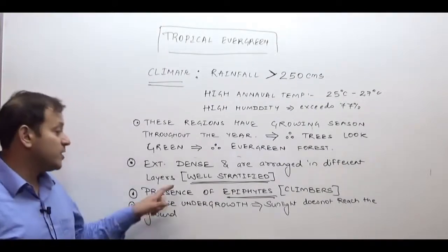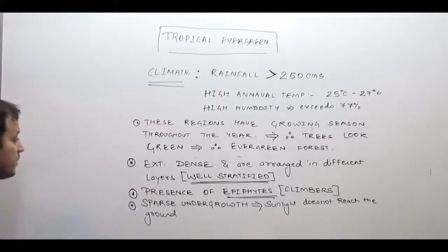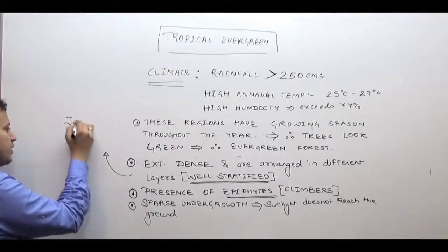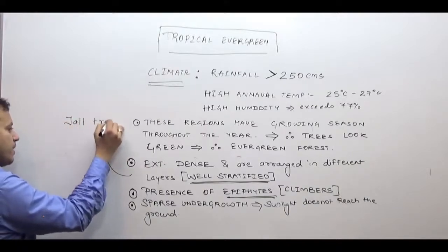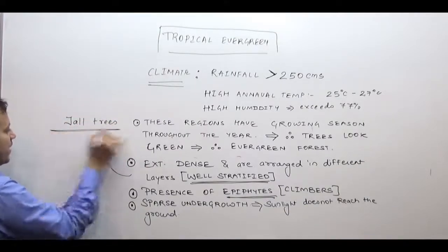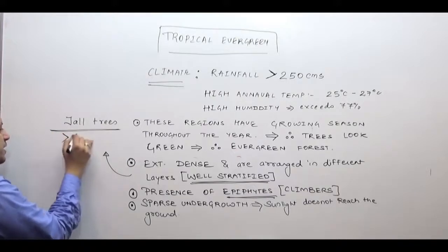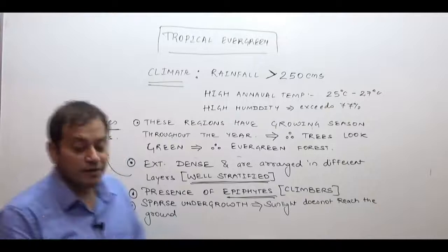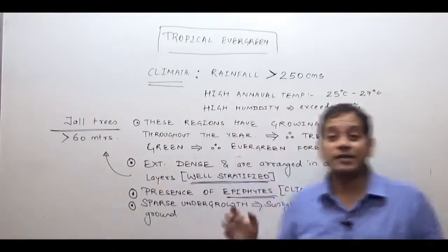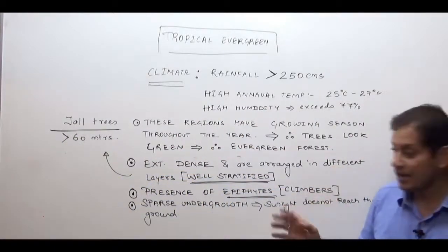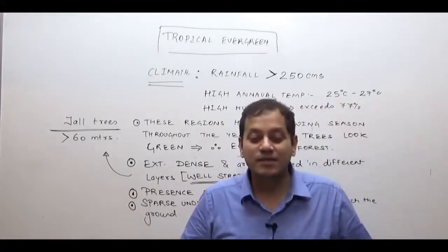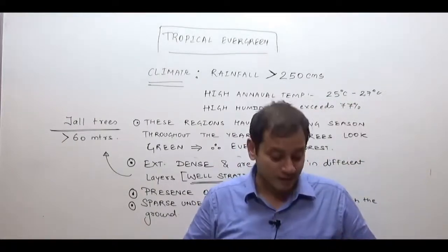Now, well stratified means some of the trees here are so tall, extremely tall trees. The tallest trees exceed 60 meters in height. Some trees are the middle trees, some trees are very small.